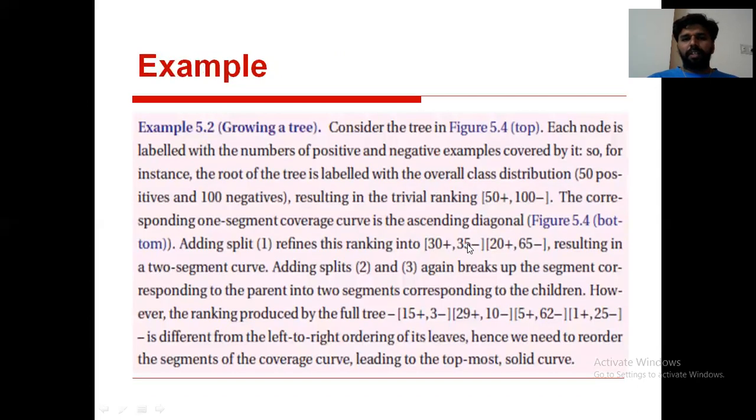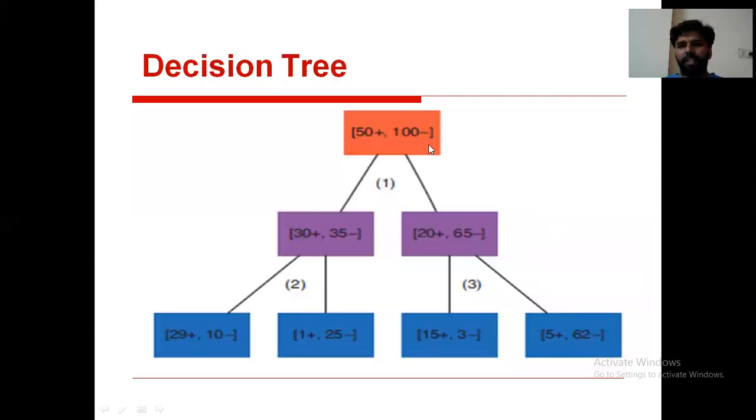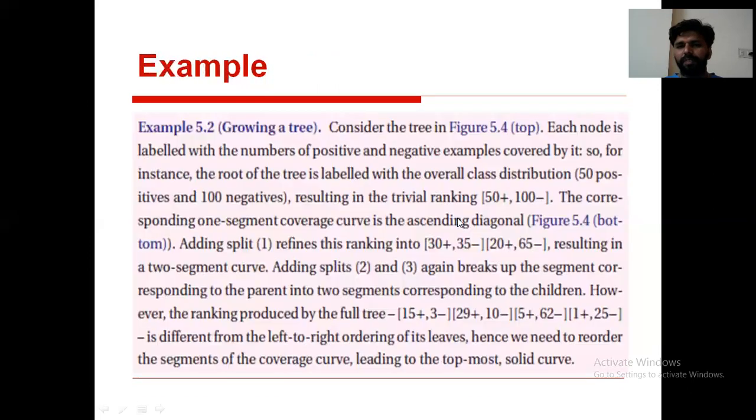Now observe the example here. The growing tree is considered like this. Initially, for the class distribution, 50 positives and 100 negatives are there. This is treated as the root node. This root node is split into two child nodes.